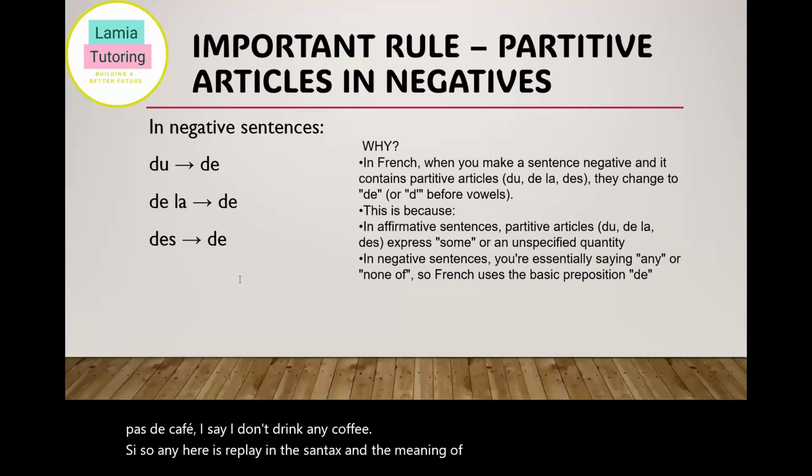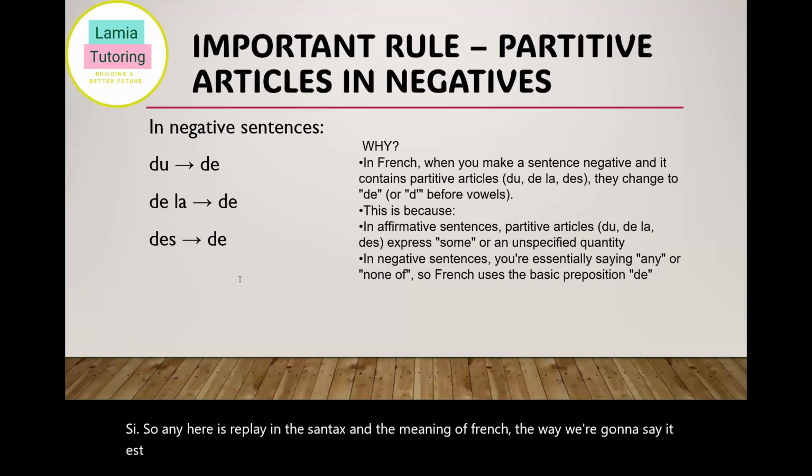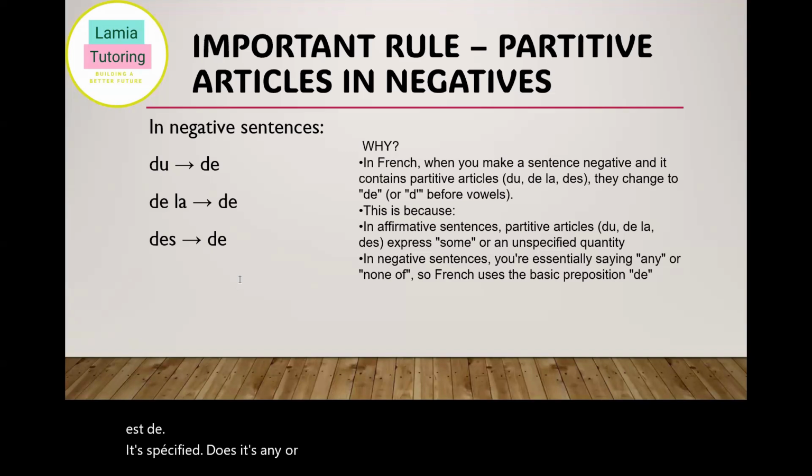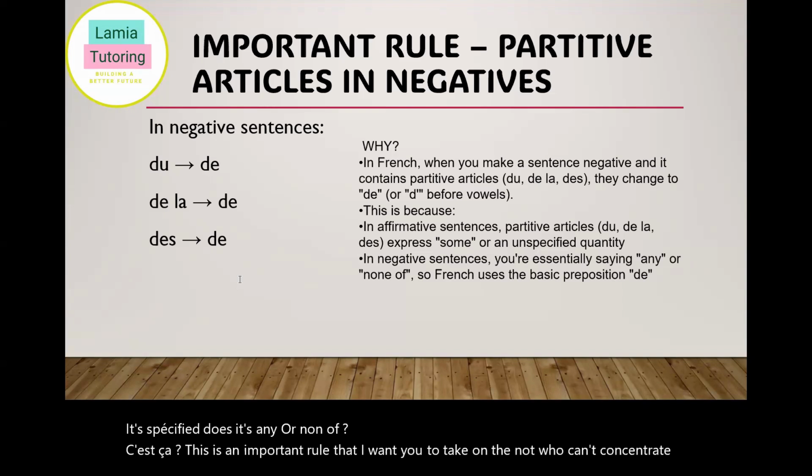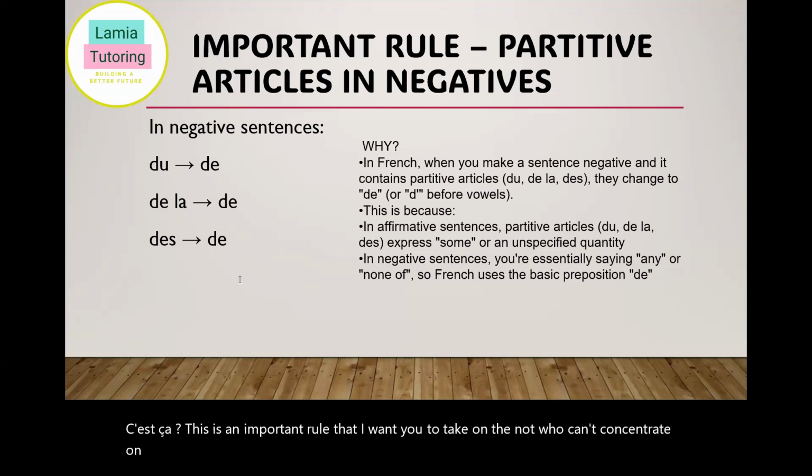The way we're gonna say it is de. It's specified that it's any or none of. So this is an important rule that I want you to take on the notebook and concentrate on actually remembering it. And after you write it down, I'm gonna ask you a question about it. Okay.